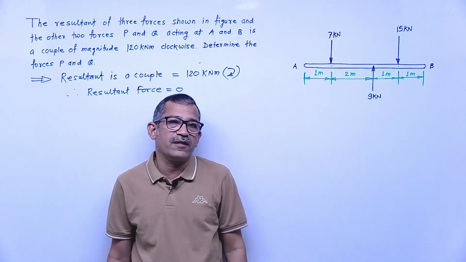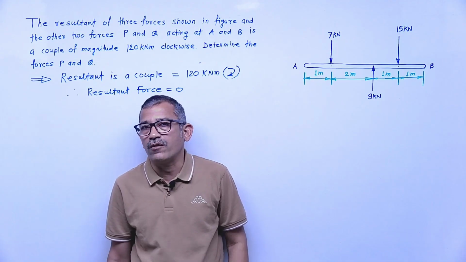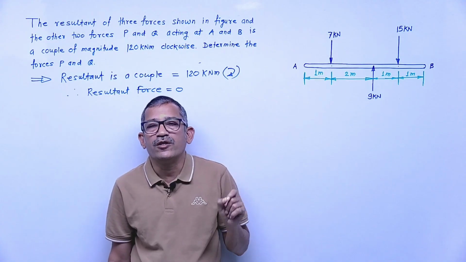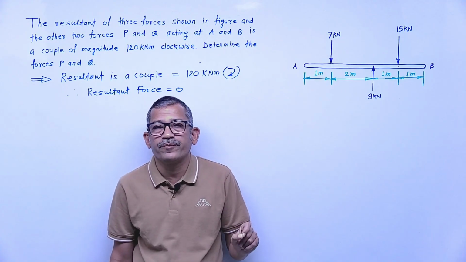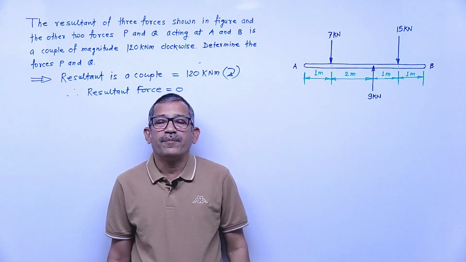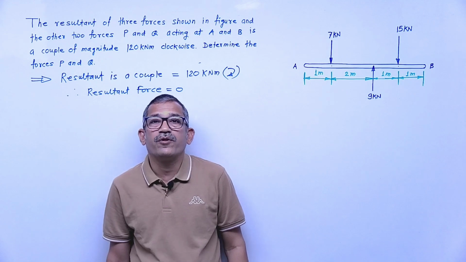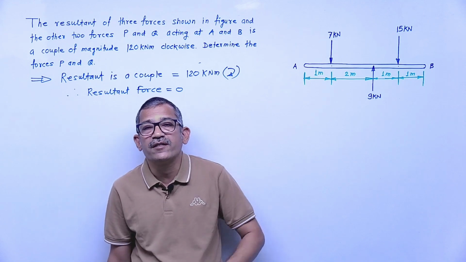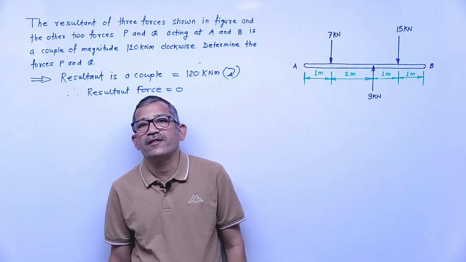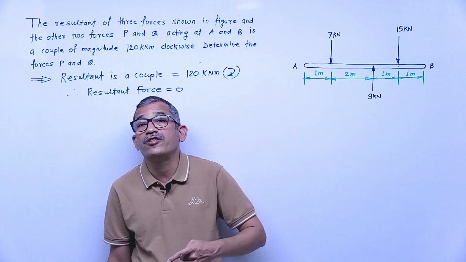If we get answer negative, assumed direction is wrong. Clear? Again I will repeat. Whenever we assume any force in some particular direction and after applying equations we get a positive answer, assumed direction is correct, and if answer is negative, assumed direction is wrong, then we will change the direction.